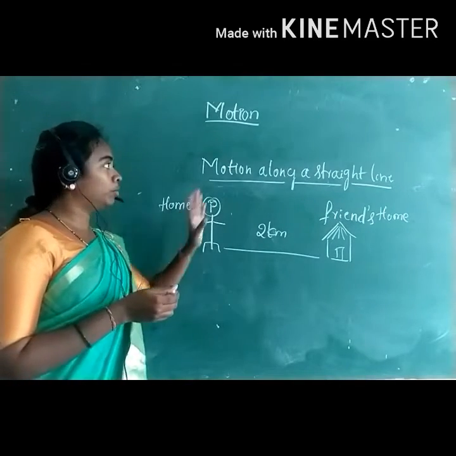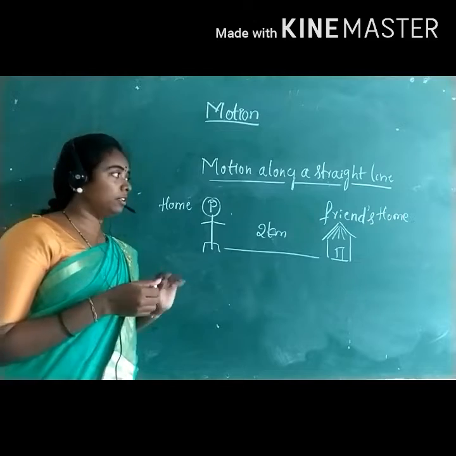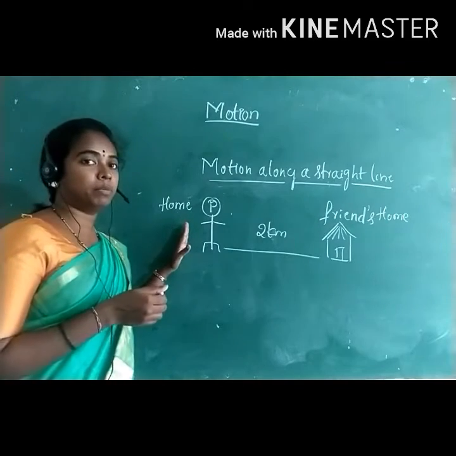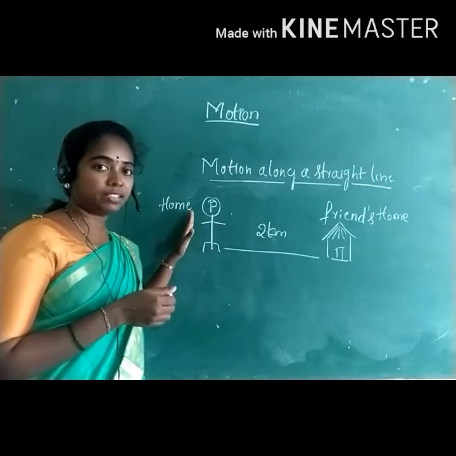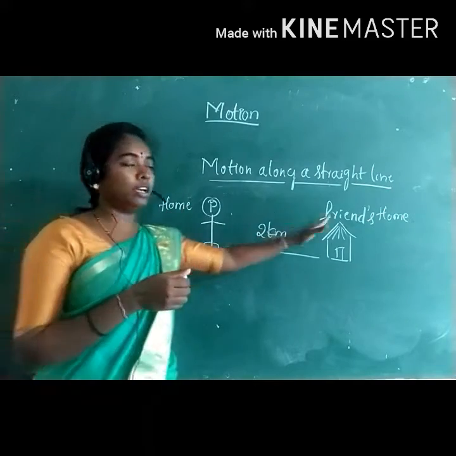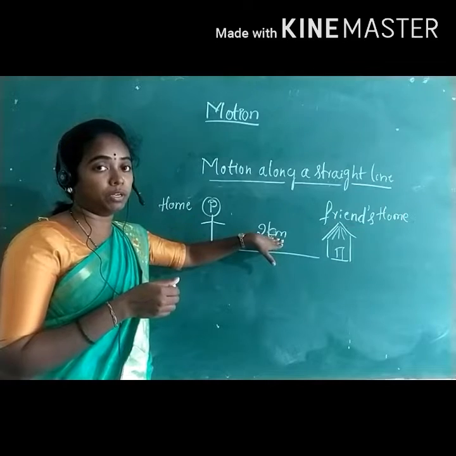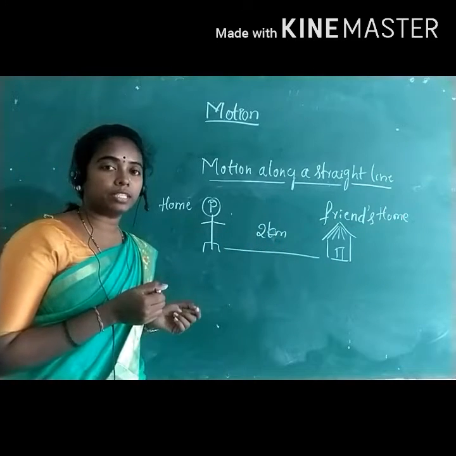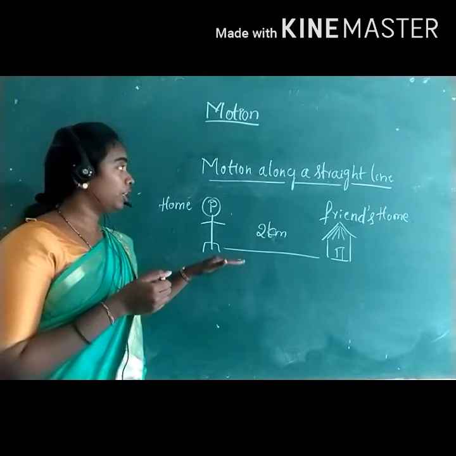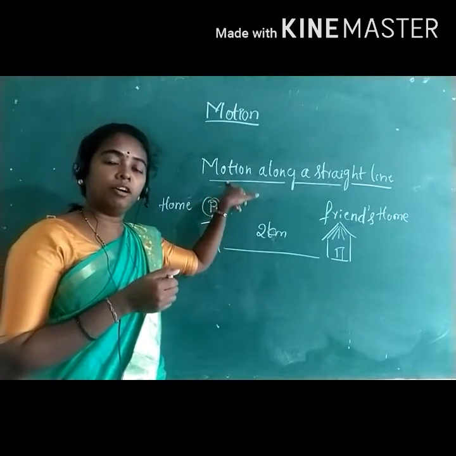Now we'll go through the motion along a straight line. Consider the same example where person P is traveling from his home to his friend's home, a distance of 2 kilometers. I said distance. What is that? It is a physical quantity used to describe the motion.